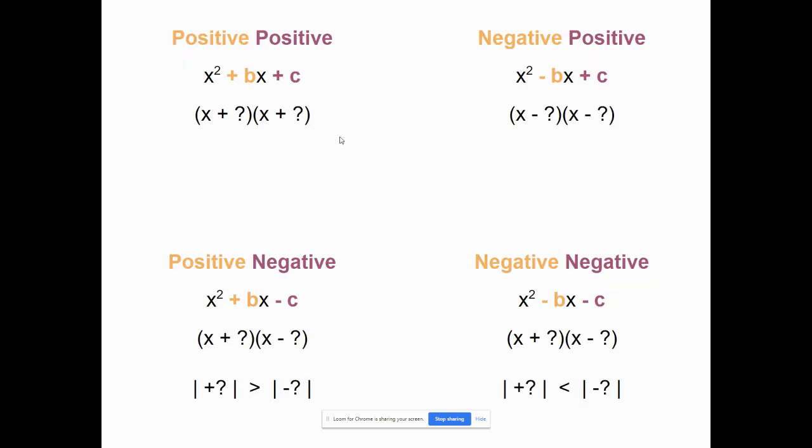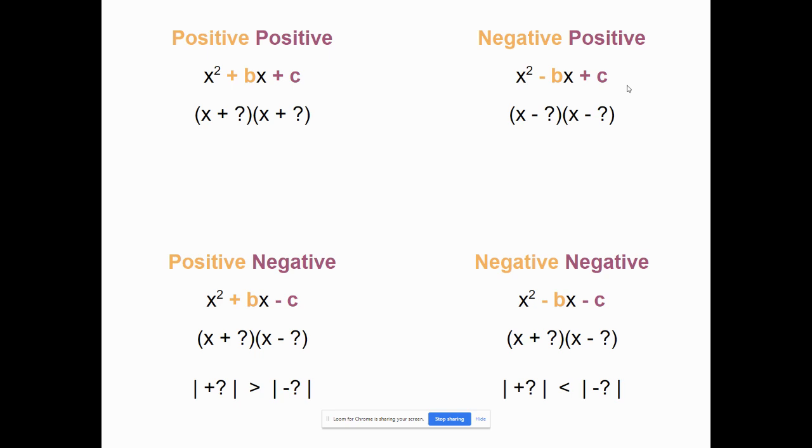Okay, we have gone through all 4 of the cases. And at this point, you ought to be able to factor trinomials where there's a 1 in front of the x squared and have a b and a c. Now, do keep in mind, sometimes you get trinomials that don't factor neatly using these techniques.